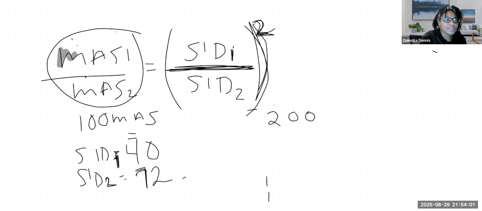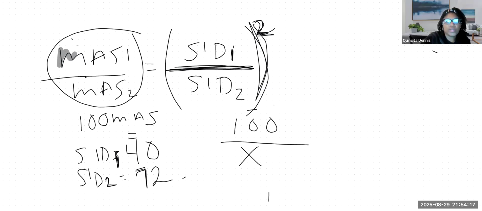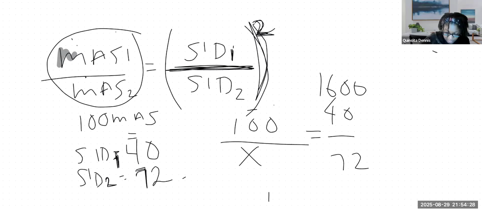So let's work out that last one. I saw someone give an answer. So it was 100 over X is equal to 40 over 72. 40 times 40 is 1600. 72 times 72 is 5184.